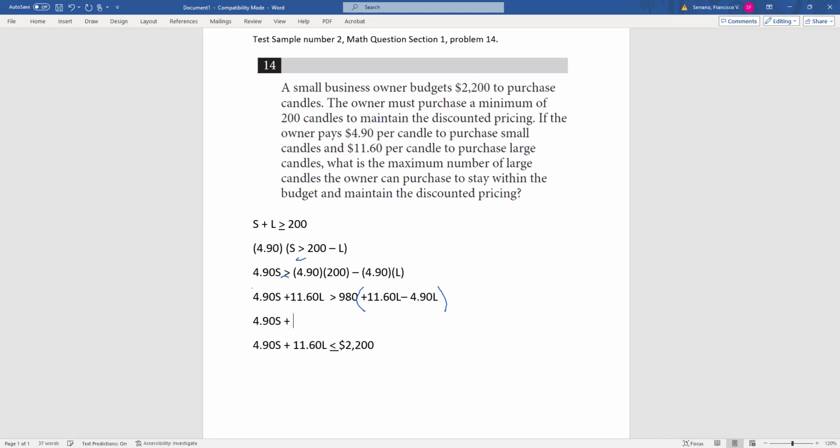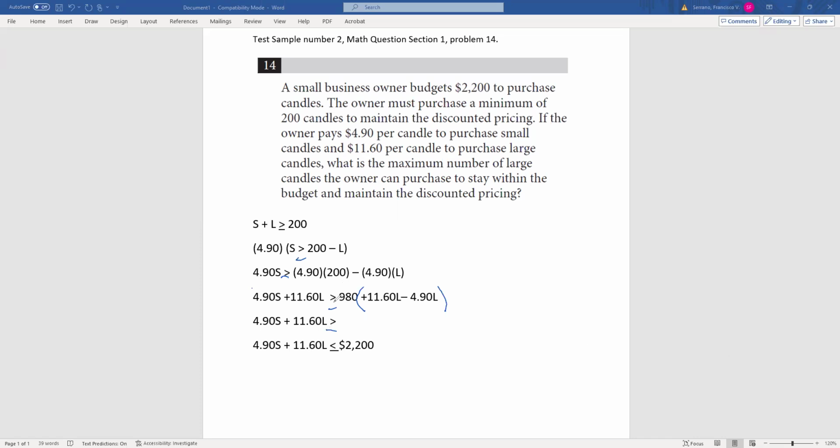So plus 11.60 L is greater than or equal to, right? So I am going to attempt to underline that. The underlining was a little low, but we get the idea.